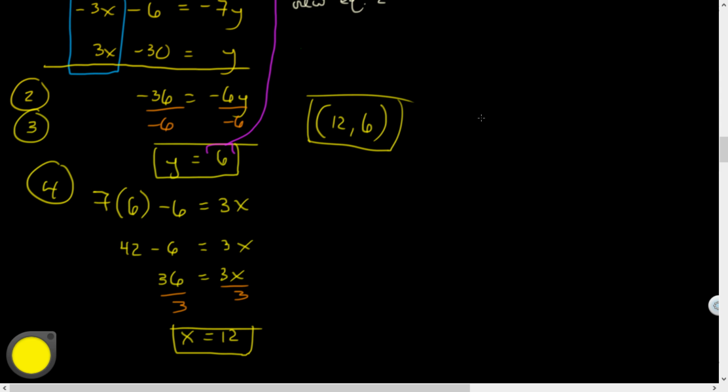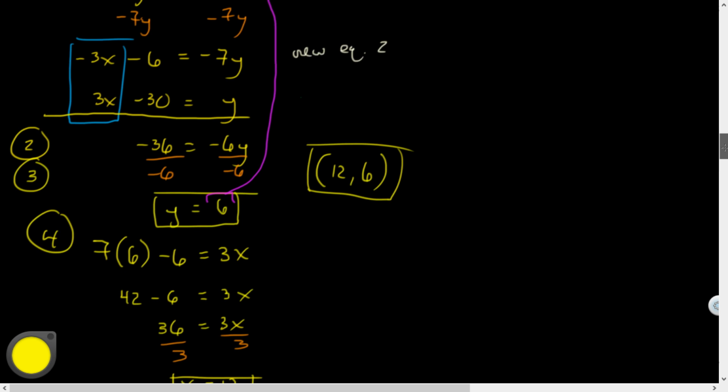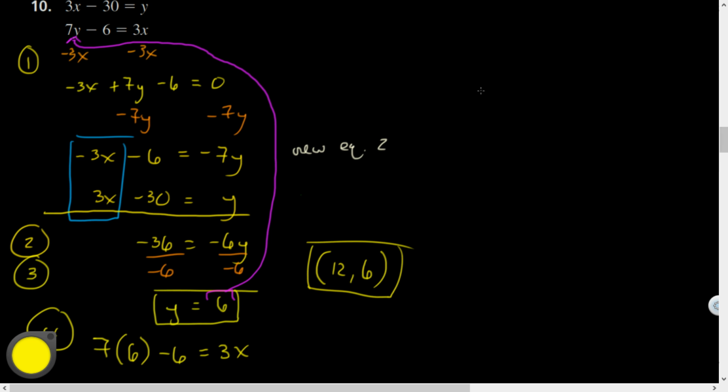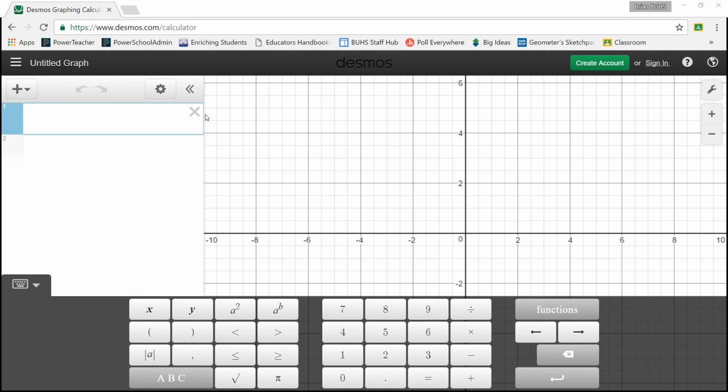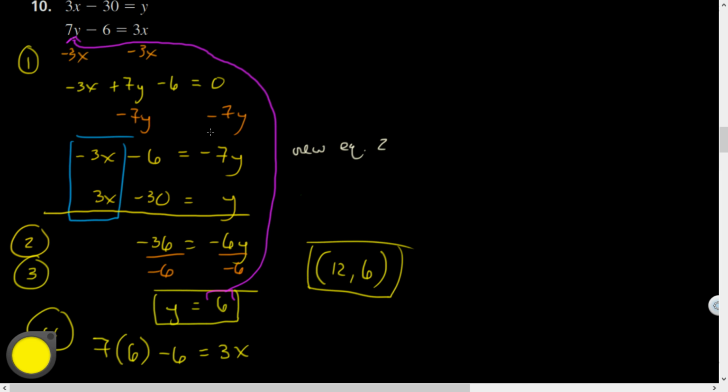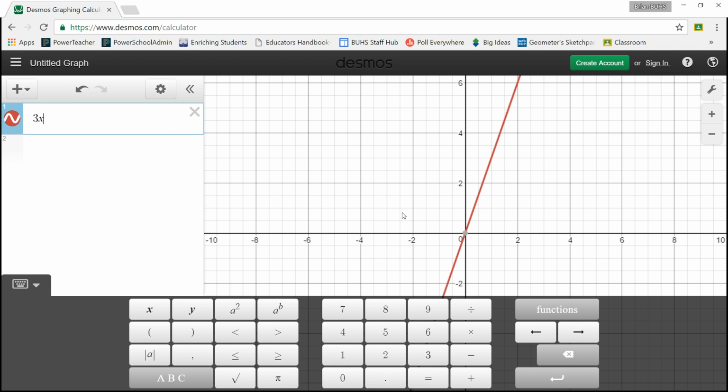Let's use a Desmos grapher on this one real quick. You guys finish writing that, just so we can visually verify. So my equations were 3x minus 30 equals y.